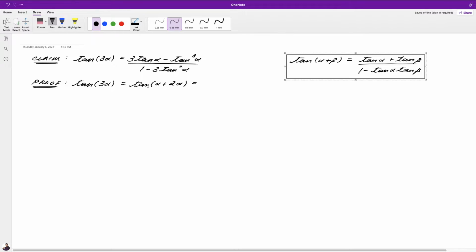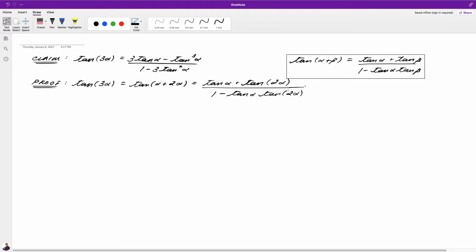Good. So using this formula here, we're going to get tangent alpha plus tangent of 2 alpha over 1 minus tangent alpha tangent of 2 alpha. Very good. Now, we know what the tangent of a sum is.